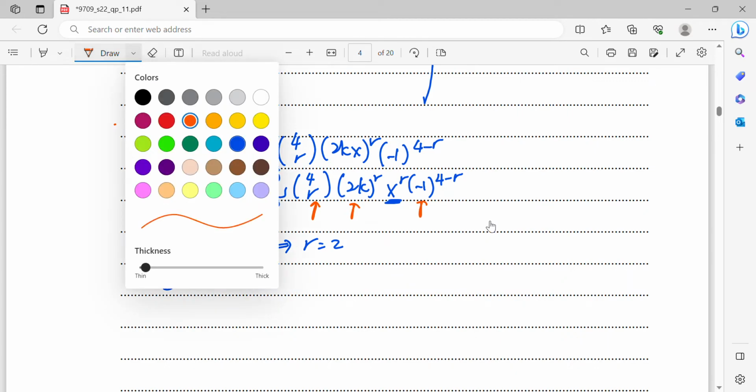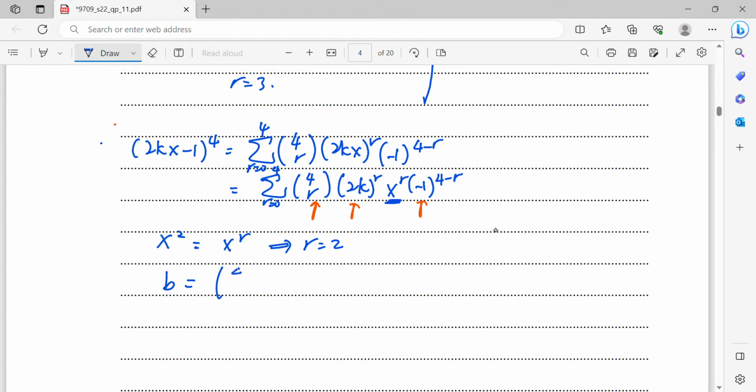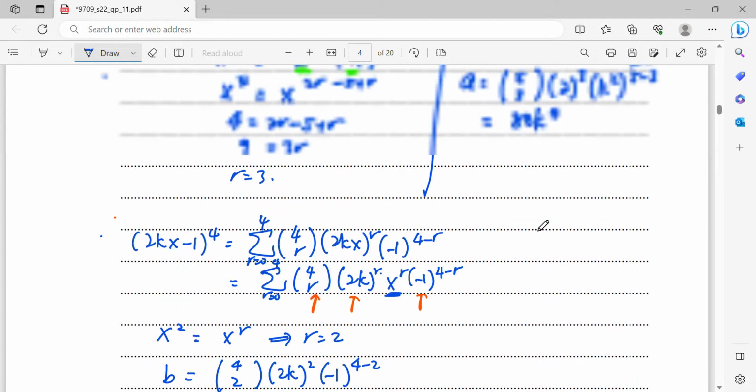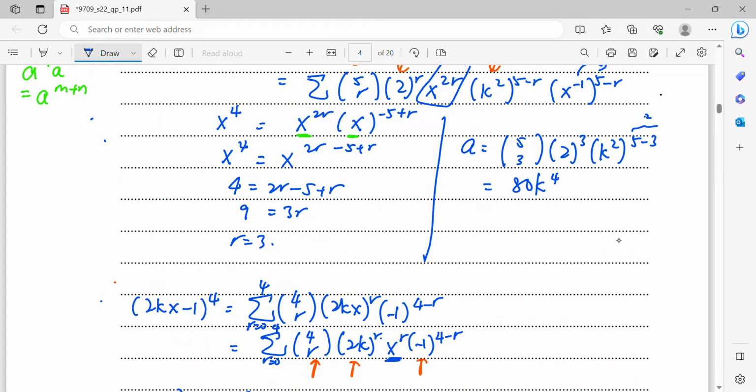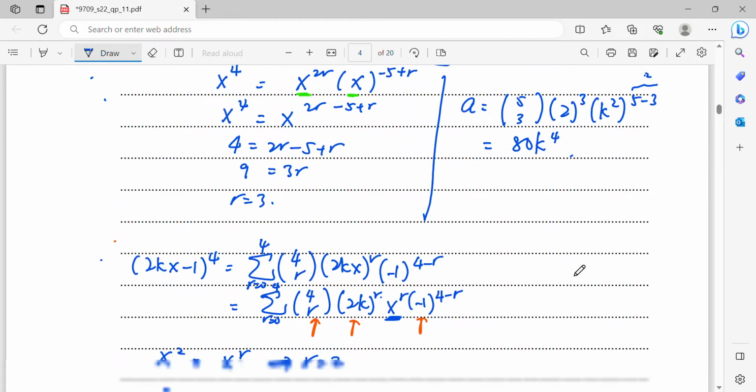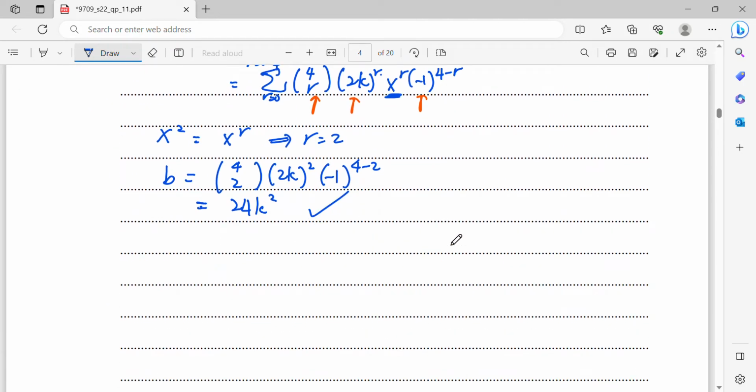So I get 4C2 times (2k)^2 times (−1)^(4−2), so you will get 24k². That's the solution for a and b. These are the answers.